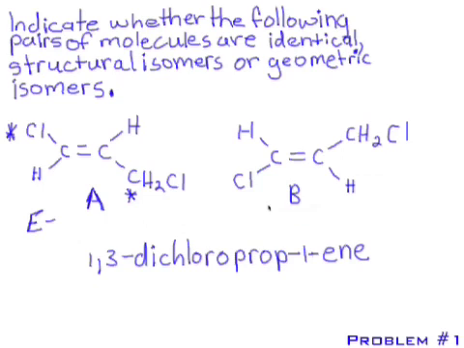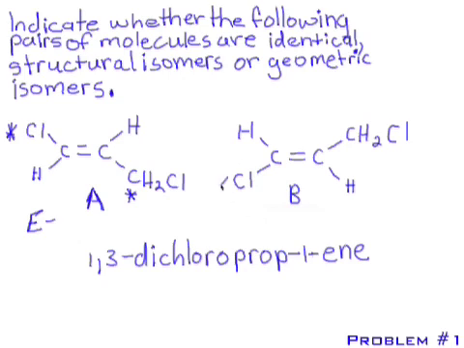Now the question is, did I draw its geometric isomer on the other side? Did I draw the Z? Or is it also E? If it's also E, just drawn in a different way, flipped or tossed upside down, then it is the same molecule. It would be identical.